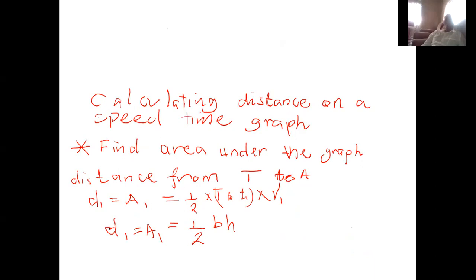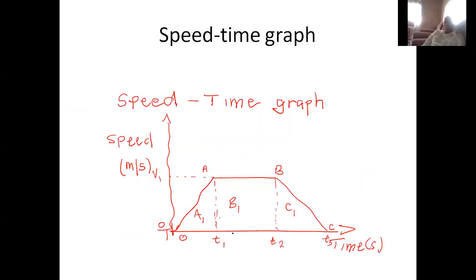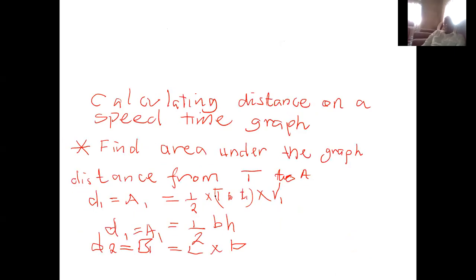So we can say that distance 2, which is equal to area B1, which is equal to L multiplied by B, which is the area of the rectangle that is from A to B, T1 to T2, and this height, which is T1 to A. So you merely find the area of the rectangle.